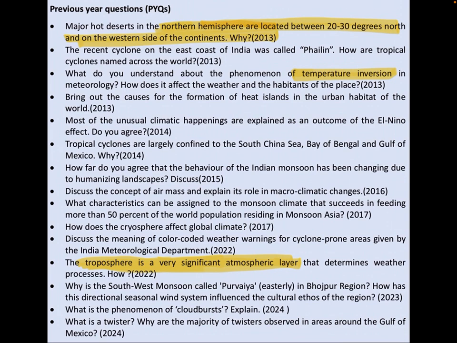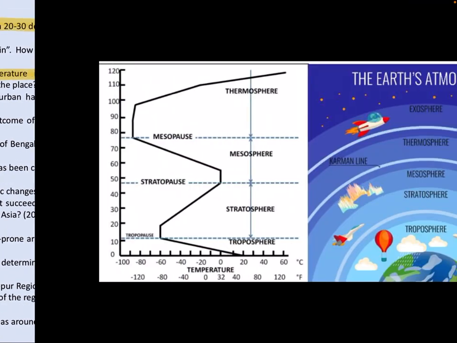The next question, from 2013, is about temperature inversion. They asked what you understand by temperature inversion and what is the effect of that phenomenon. We will cover these questions in detail. And the third important question is about the troposphere, a very significant atmospheric layer. We'll cover this first. So let's start with climatology.